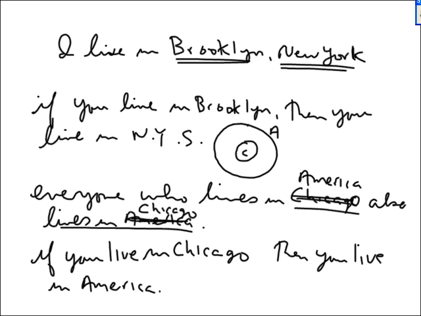Doesn't matter if the statement is true. It's saying that everyone who lives here also lives there. That is, if you live here, and I don't care what it says, Chicago, America, North Carolina, Cuba, doesn't matter. If you live here, you also live there. So you would switch it.